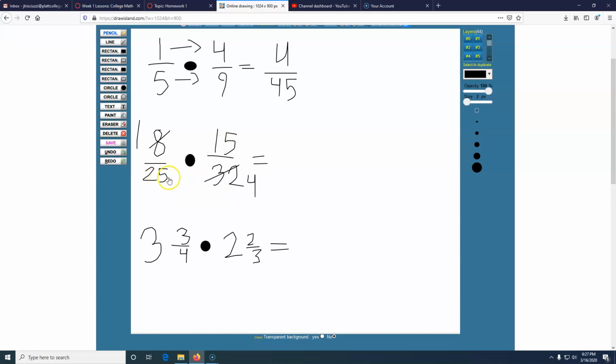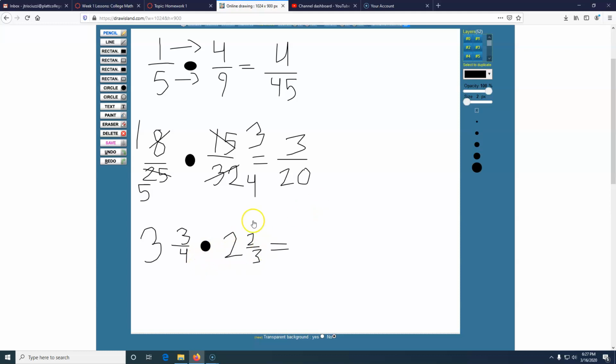Over here, 15 and 25, what we do is we take out a 5 to be left with 3 and 5. Last thing, go across the top, we get 3. Go across the bottom, we get 20. Okay, so far so good.